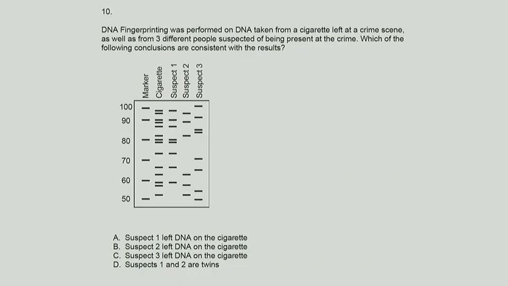You amplify those and you run them on a gel. And if I was missing one band, what would be my expectation? That PCR failed for whatever reason, right? So I would want to rerun that to make sure I get the number of bands I'm expecting for the number of loci that I'm testing.